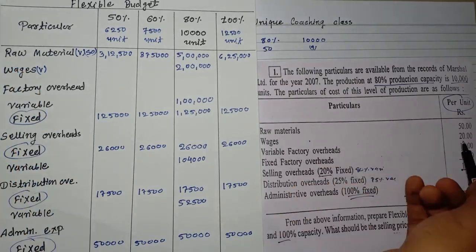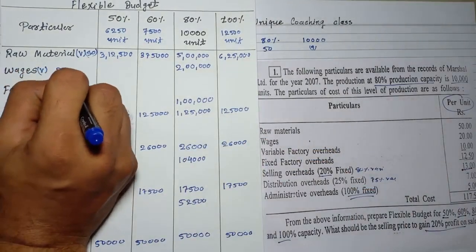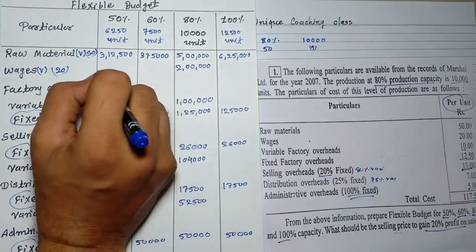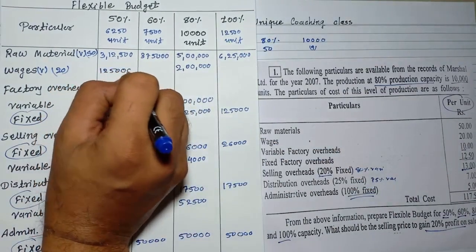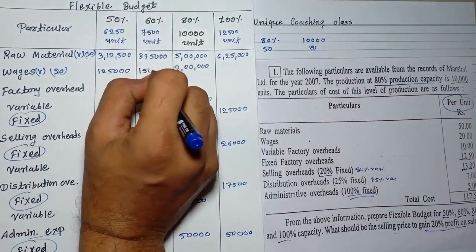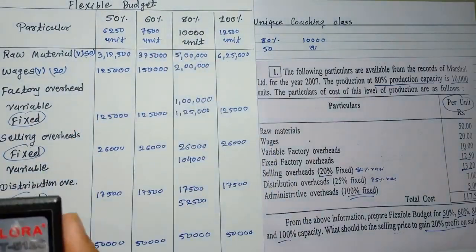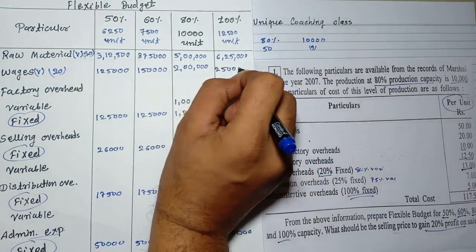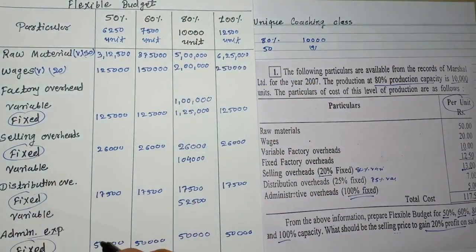In variable we need per unit. Per unit is 20, already given, so we will multiply by 20. Here 125, 7,500 into 20 is 150, and last 250. Okay, so wages is completed.